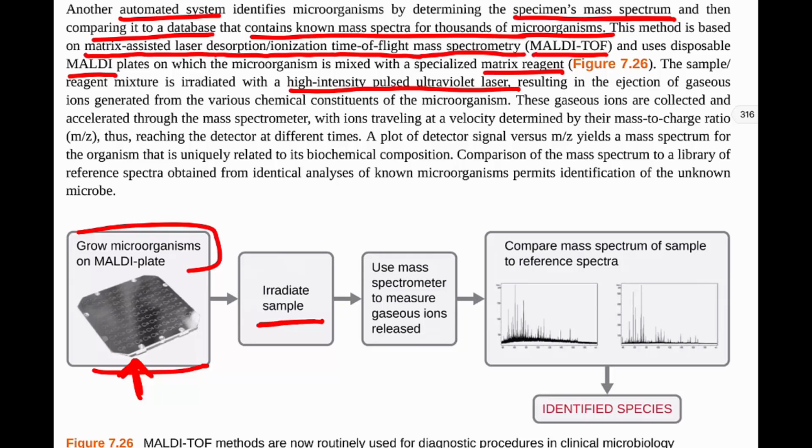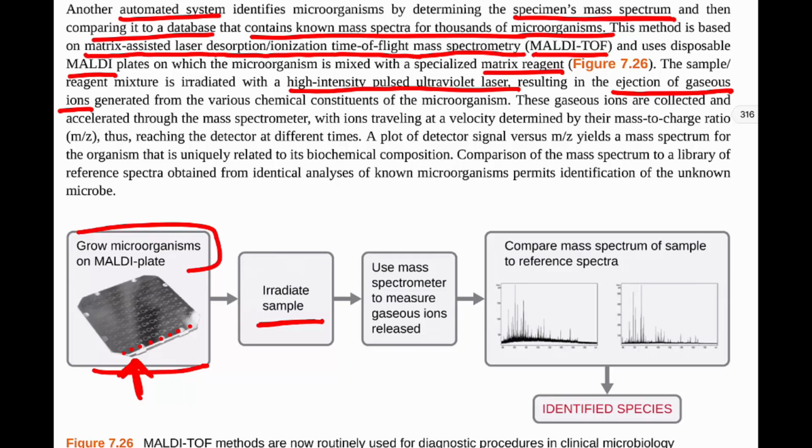So we laser all of these samples, and when they use this high-intensity UV laser, it's going to eject gaseous ions. There will be various biochemical reactions occurring in every one of these little tiny well areas.